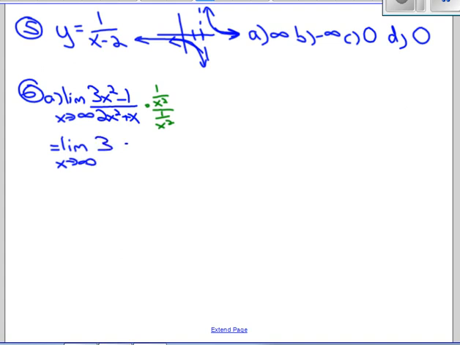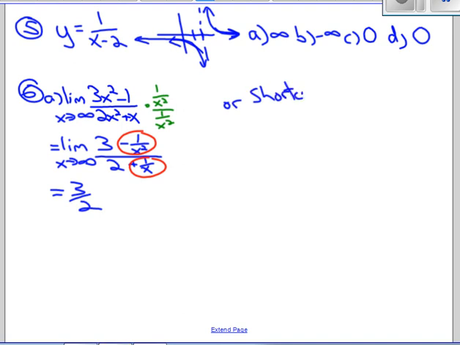That's going to give us 3 minus 1 over x squared all over 2 plus 1 over x. Both this and this are going to 0 as we go to infinity. So you'll be left with 3 over 2.